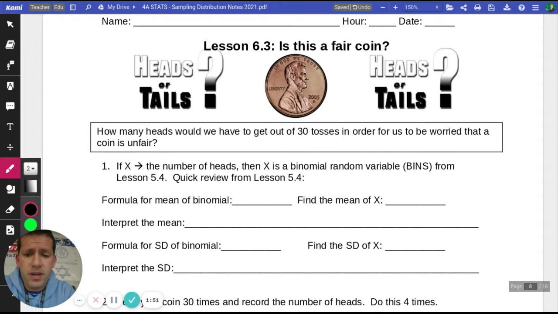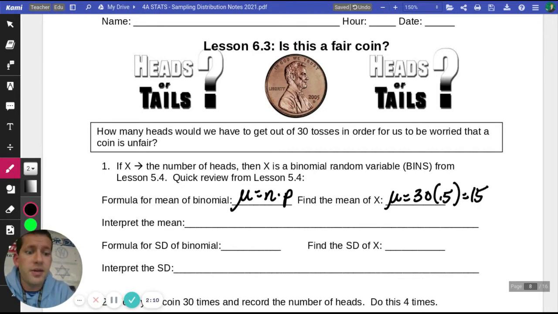So the formula for the mean of a binomial, mu, is going to be n, the number of trials, times p, the probability. And we discussed how that would be equal to those 30 trials times the 50%. So our mean is that we should expect 15 heads.